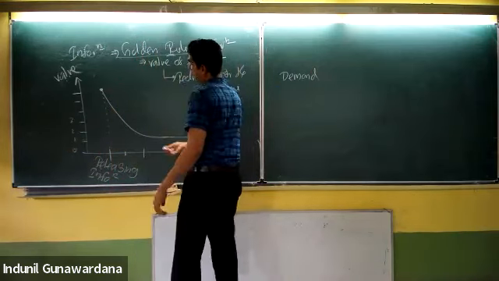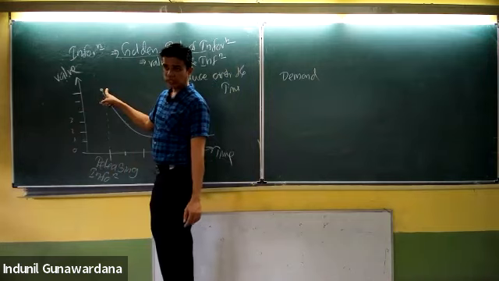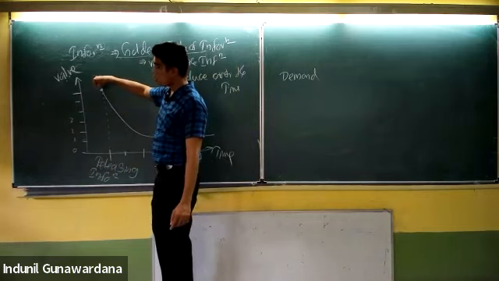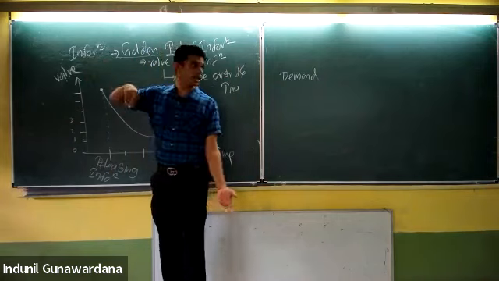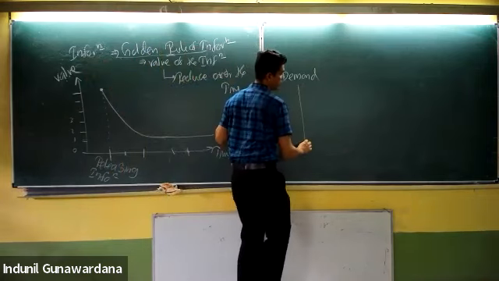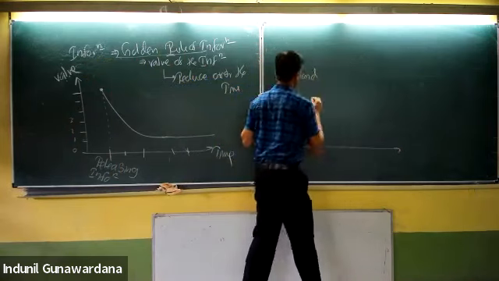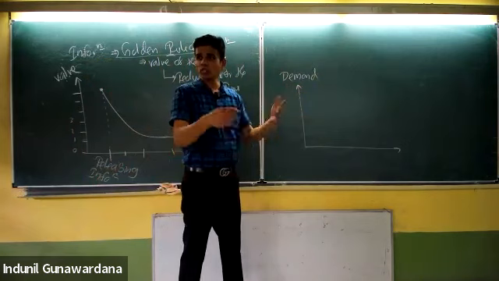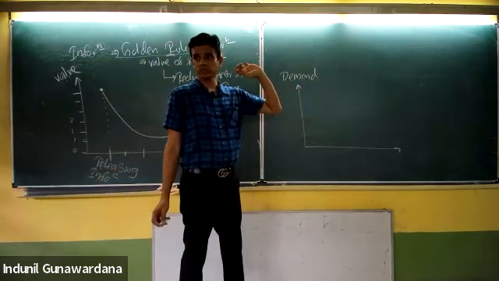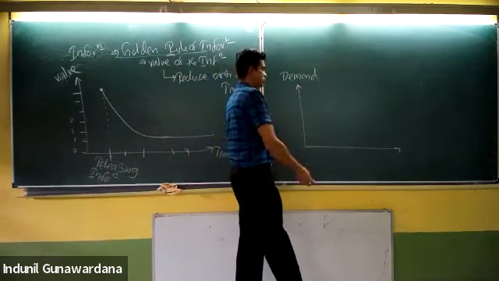Whenever we have an event which has a higher value, should that be with a higher demand or lower demand? Higher demand, you know that. Say that the last few days we had that cricket thing. So that had higher demand from all Sri Lankans. People are willing to watch that.